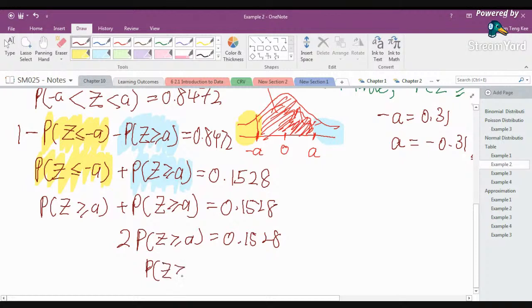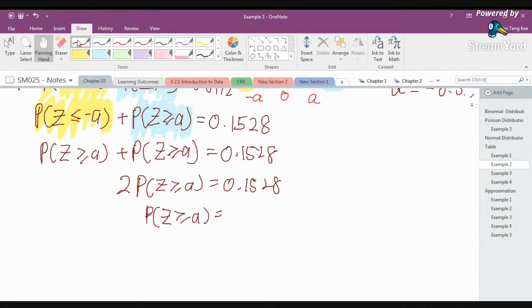As a result, P of Z greater than or equal to A equals, when we divide, 0.0764. Now, once again, we make use of the statistical table to get the answer.